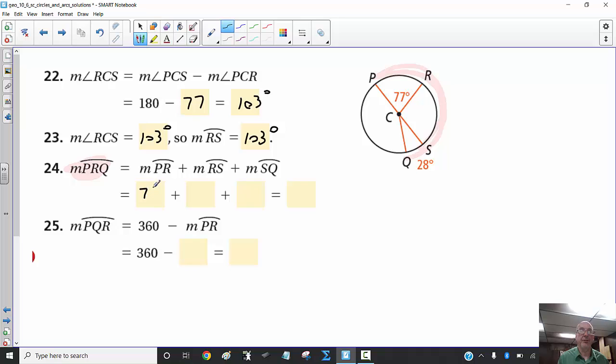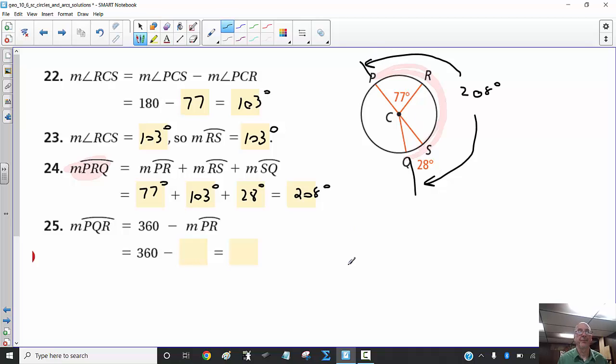PR is obviously 77 degrees, central angles there. QS is going to be 28 degrees. And RS, we just found out a moment ago, was 103. And so you add that all together, it's 208 degrees, all the way from here to here.